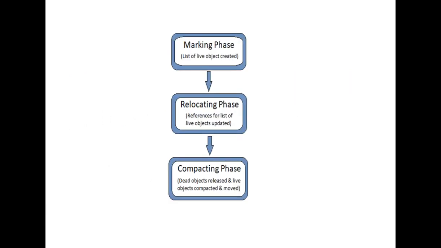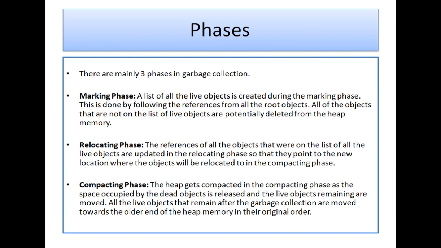And then it has some phases. Phases are nothing but the work. When a new object comes alive, make a list and allocate memory in generation 0. Then when garbage collection happens, again make a list, free up the spaces of the dead objects, and move all the alive objects towards the bigger heap memory, like generation 1 or generation 2.